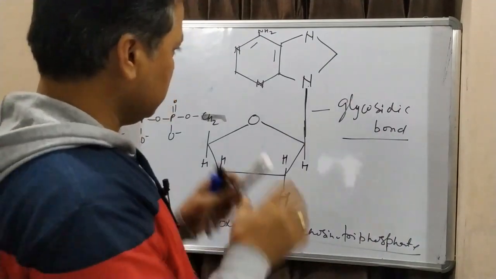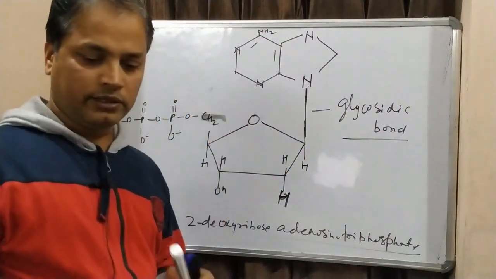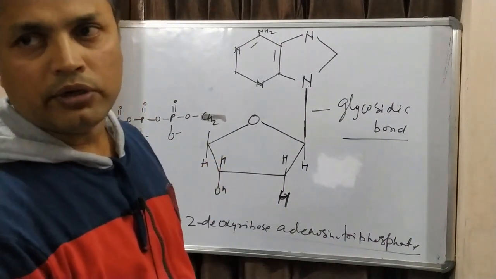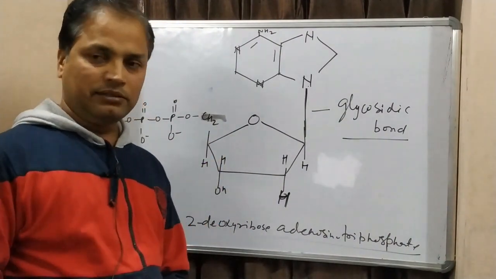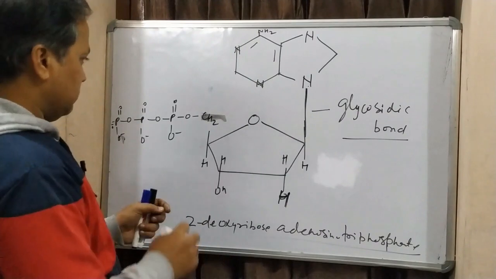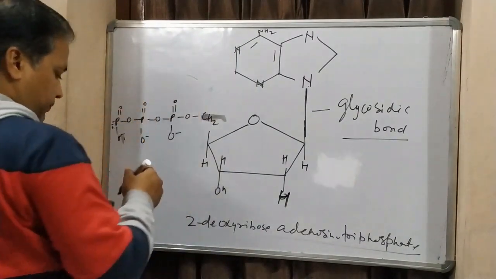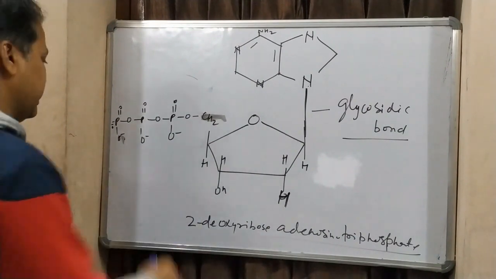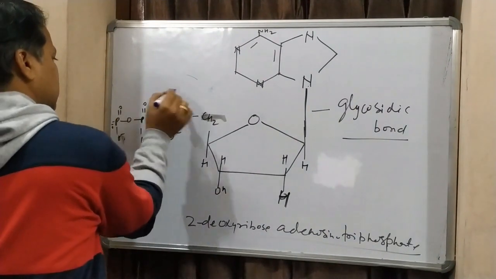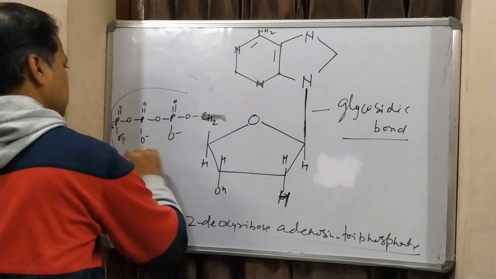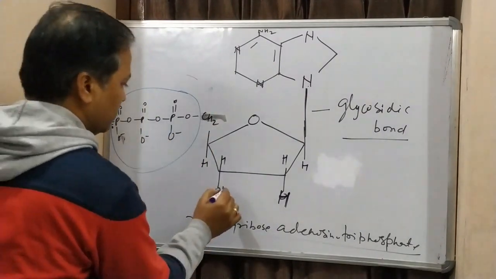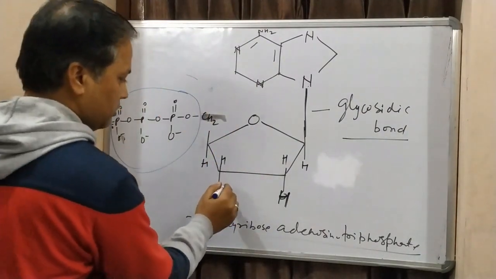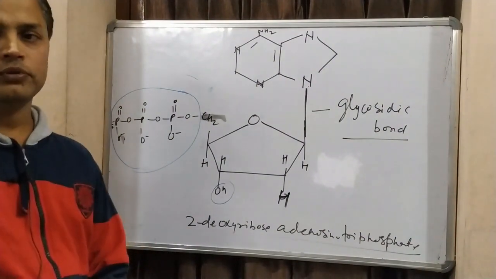So we will have a number of nucleotides. Nucleotides are joined to each other by this. Let's see how two nucleotides are going to form the DNA strand. So this one is going to join with the third one.